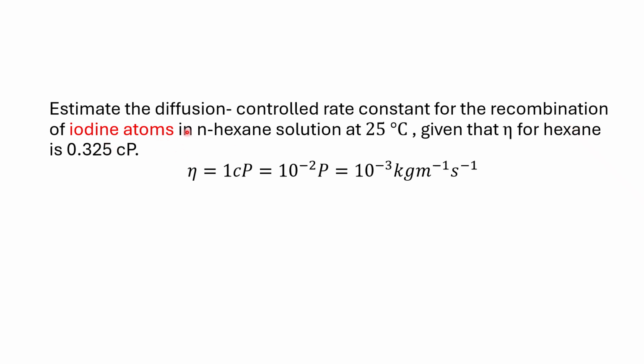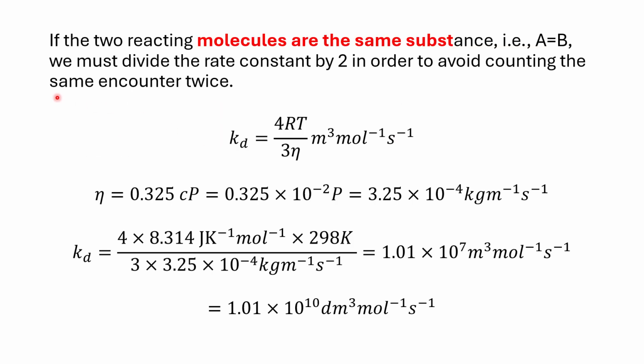So how do we determine the diffusion control rate constant for this question? The question involves two reacting molecules which are the same substance, where iodine reacts with iodine. So we must divide the rate constant that we have learned just now, which involves reactant A and reactant B, which are different types of substance, by 2.